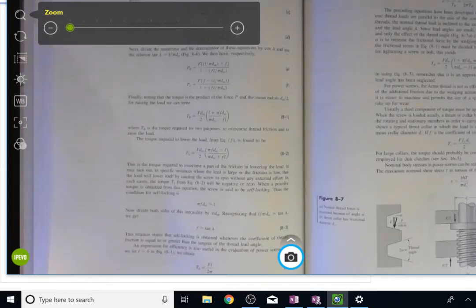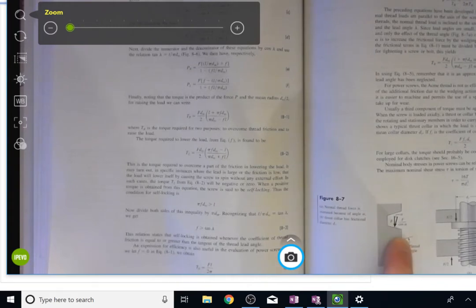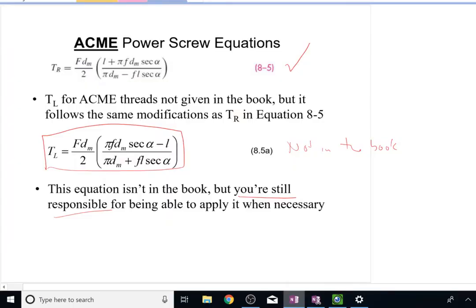That's down in figure 8.7 right here. So this angle created here is 2 alpha. So in that equation that we're looking at right here, alpha is 1/2 of the angle created by two adjacent threads.